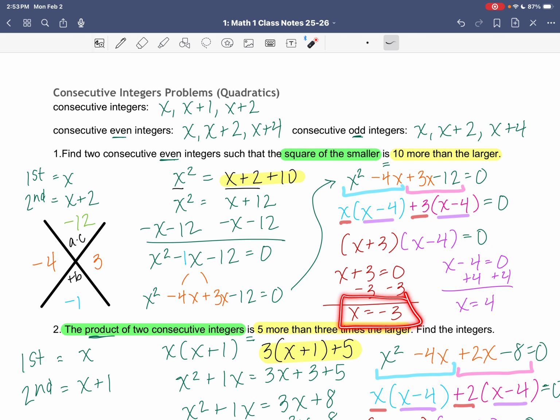And your final answer should be -3 and 4. So when you're looking at this, in this case, you want consecutive even integers. Well, that's not even, so we can't use this one, but we can use this one. So now that we have 4, I know that 4 is the first number, so 4 and then 6 would be the next.